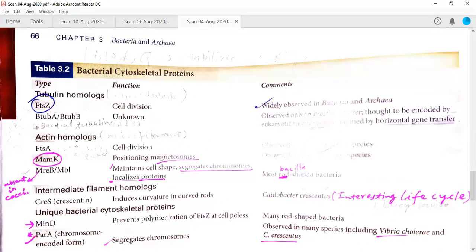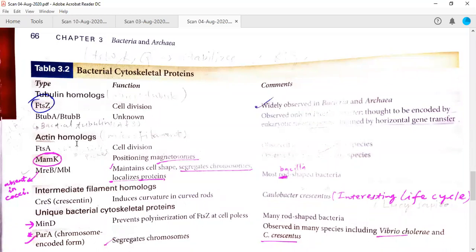Niharika has a query. You mean the cellular concentration of FtsZ regulates the frequency of division? Okay, so you can correlate it like this. Not cellular concentration. It may be present in the cell in any concentration, it does not matter, but the polymerization will affect the cell division, and this will only polymerize when the cell needs to divide.